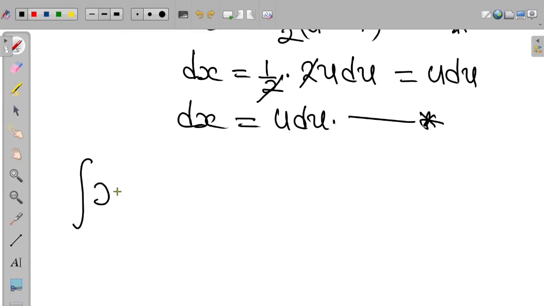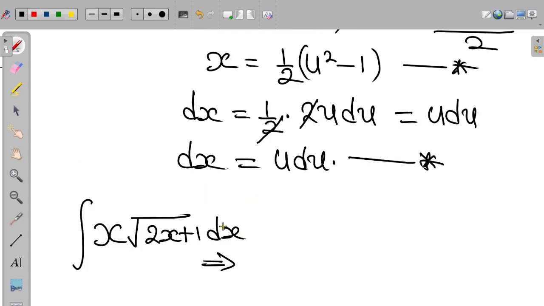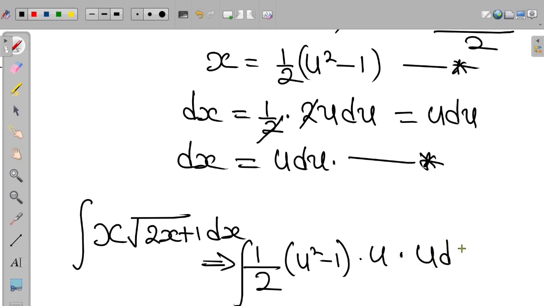So we have the integral of x root of 2x plus 1 dx will now be equal to, x is given as 1 divided by 2 open bracket u squared minus 1, and root of 2x plus 1 is u, and dx is given as u du.